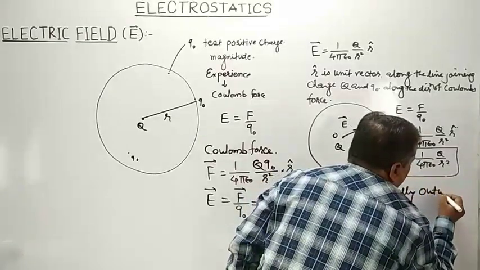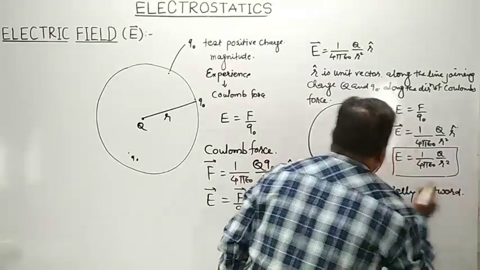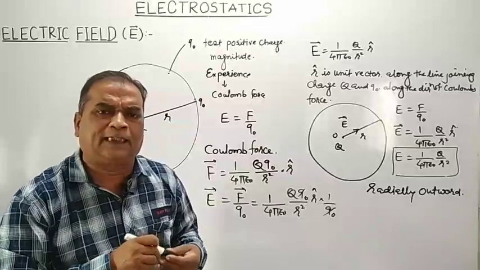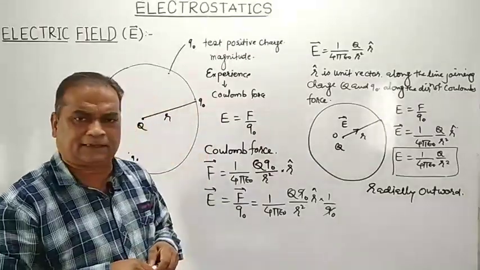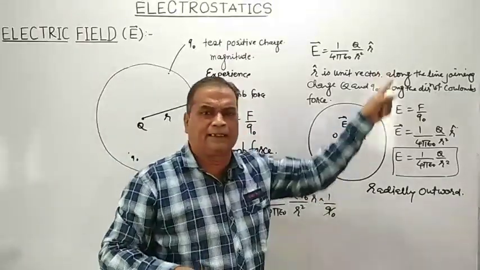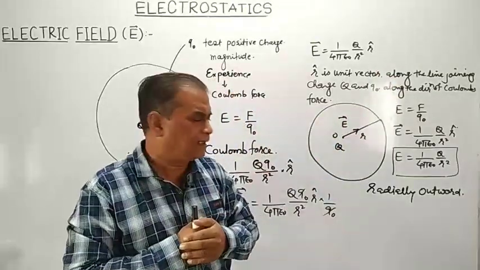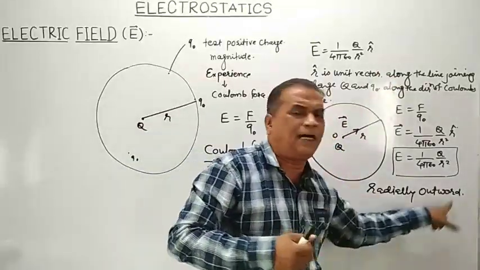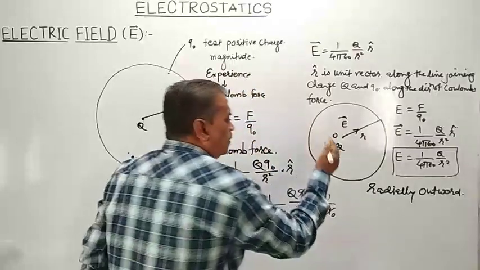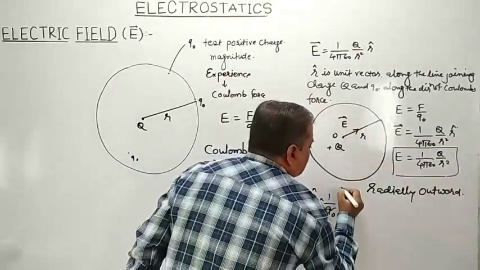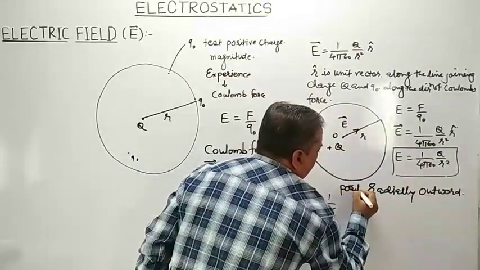What I am saying, radially outward means that electric intensity will act along the radius of a spherical region surrounding the given charge, and it is pointing in the outward direction only when that charge is a positive charge.